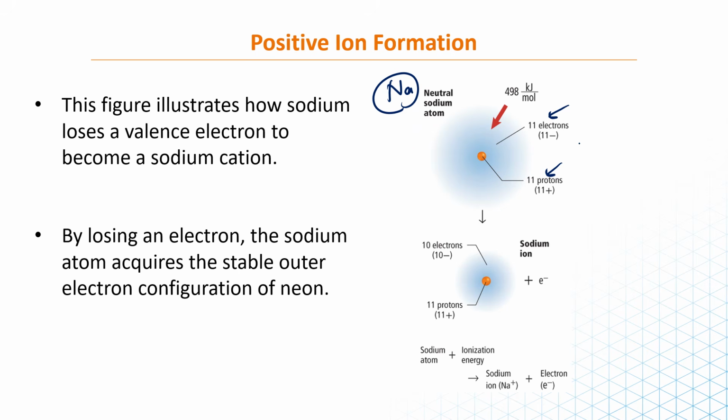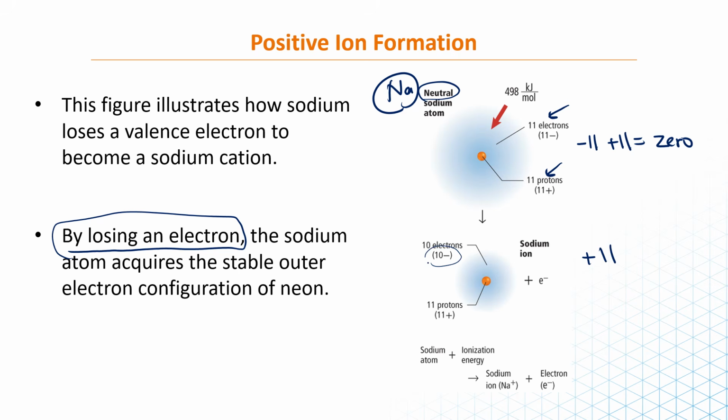So الشحنة الحين ناقص 11 زائد 11 يساوي 0. So neutral, متعادلة. Now if you lose an electron, what's the new number of protons? It's still 11, but electrons are now 10 because I lost 1. فقدت electron. So plus 11 minus 10 equals how much, guys?